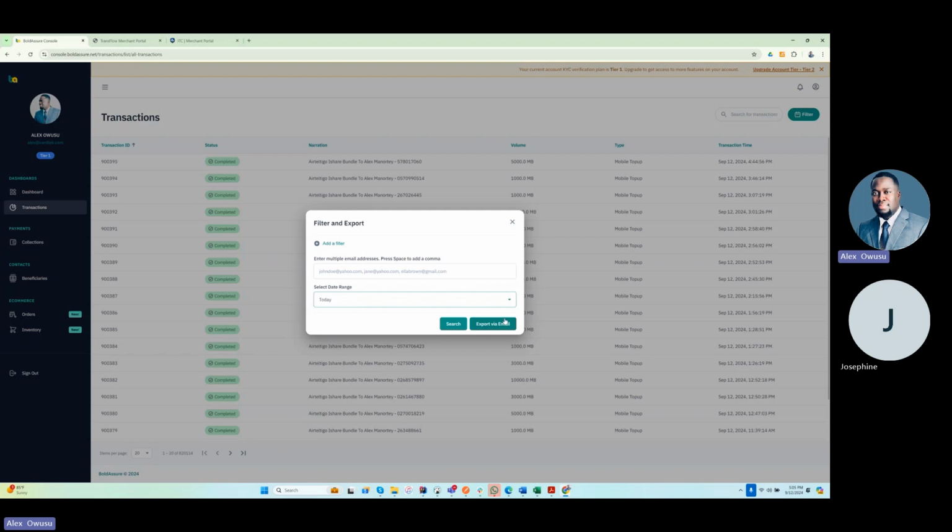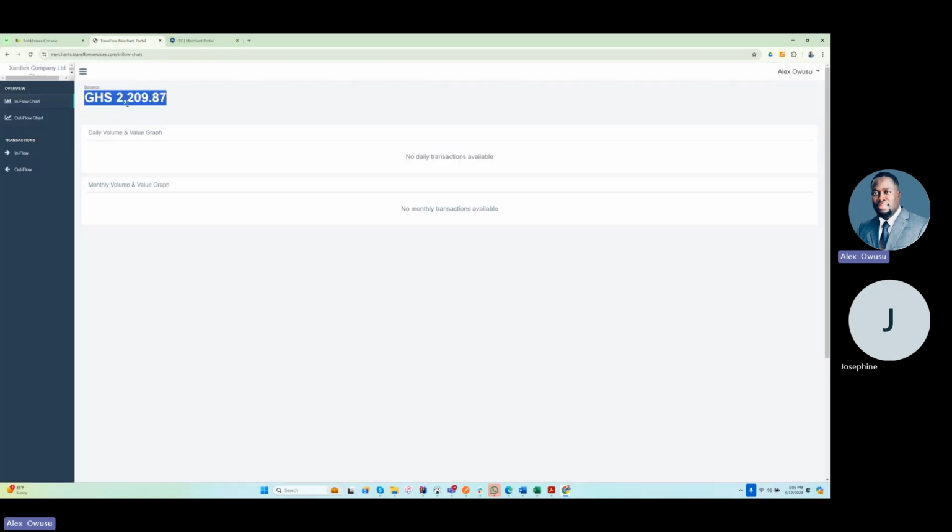It will be sent to your email. And then you will now do the computations and say, okay, if we net off the 1.5 of ITC, all this transaction, we should be getting this 2209.87, right, for the day. And then that means we are good, right? So we'll be doing it day to day.